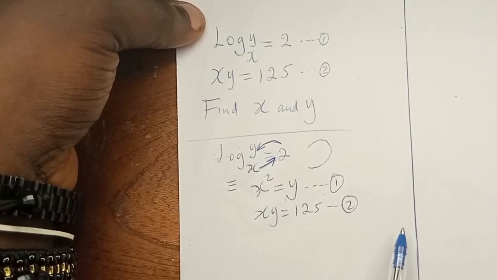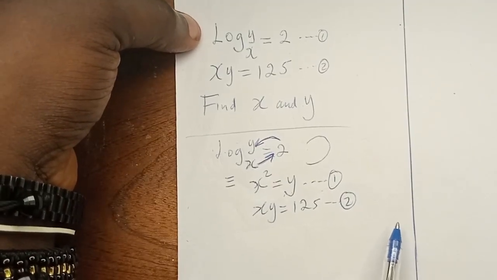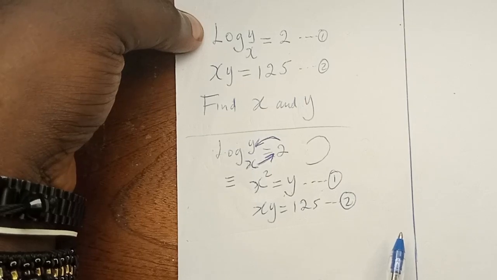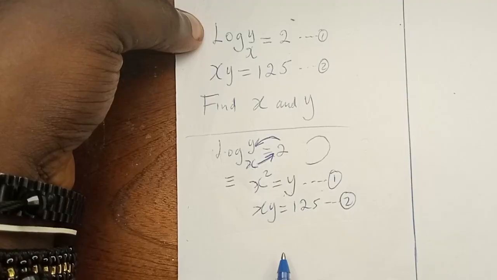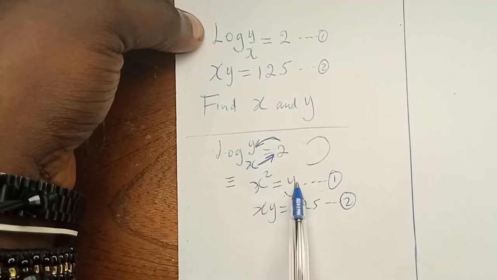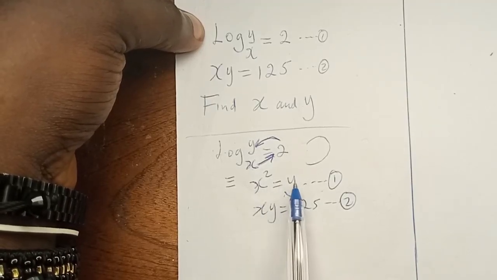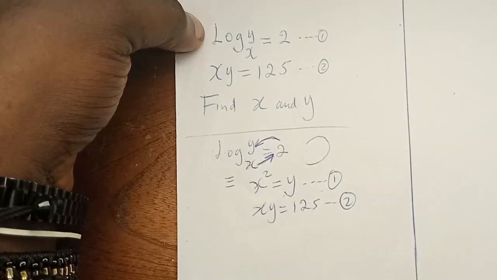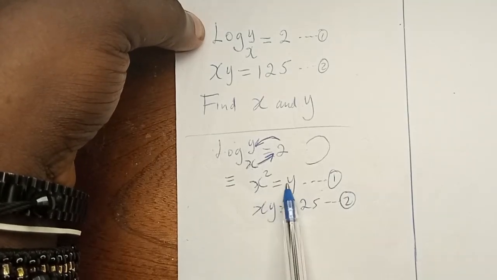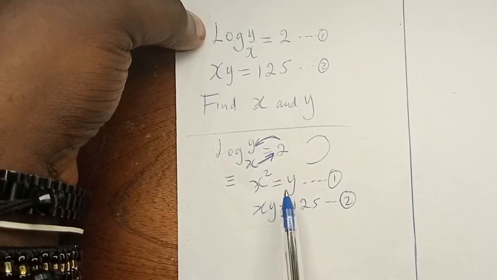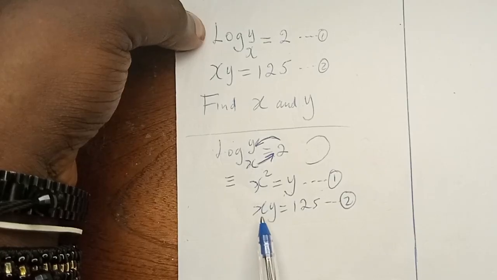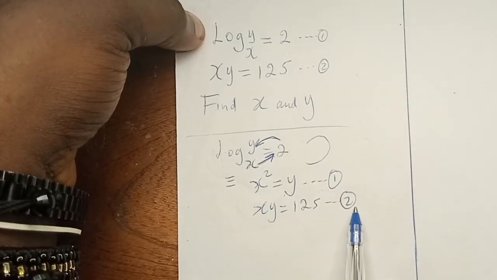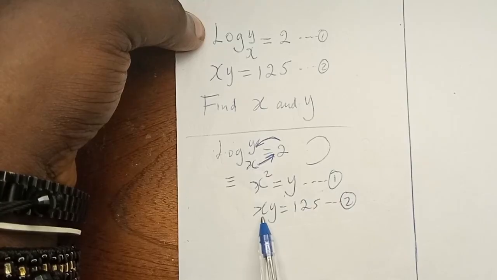Now, since we have x squared is equal to y, in other words, y is equal to x squared, we can use expression 2, and anywhere that we are seeing y, we are going to replace it with x squared.